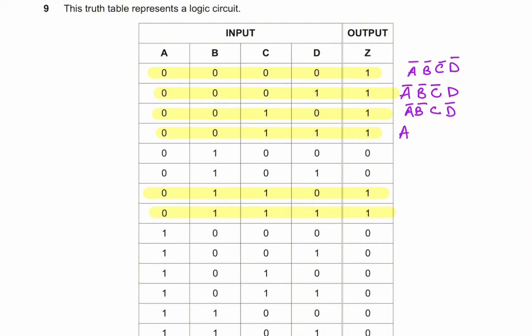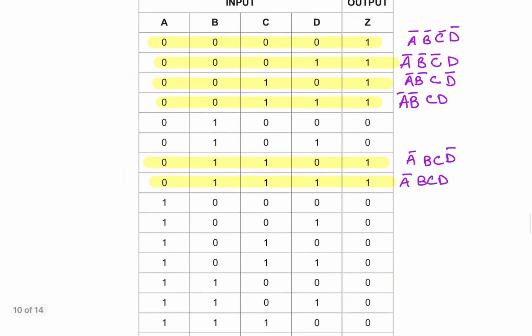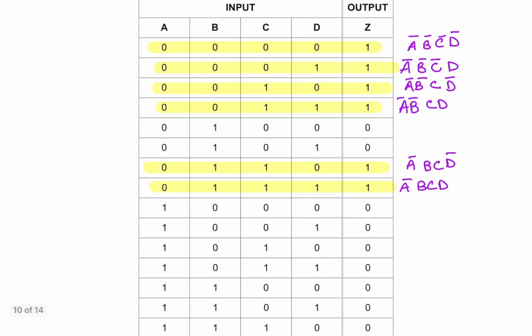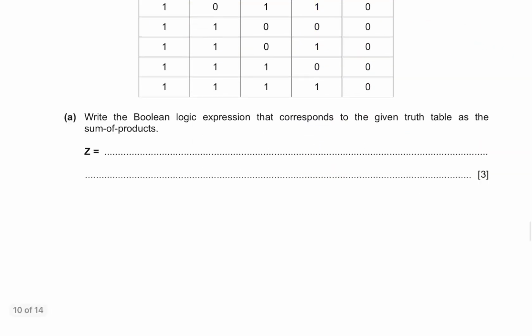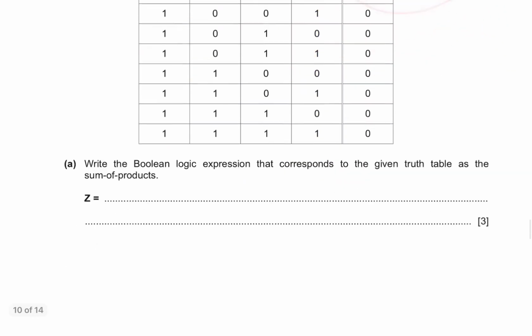Fourth line will be A complement, B complement, C and D. Next one is A complement, B, C, and D complement. Similarly, here we have A complement, B, C, and D. So we have 6 outputs, and now we have to write all of them together.